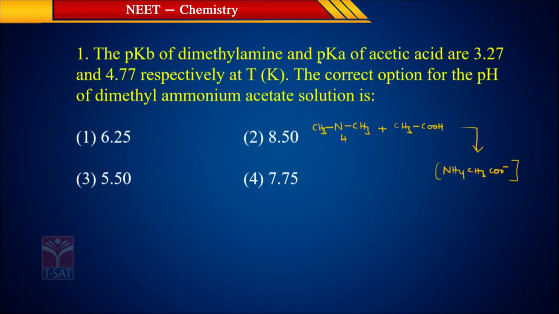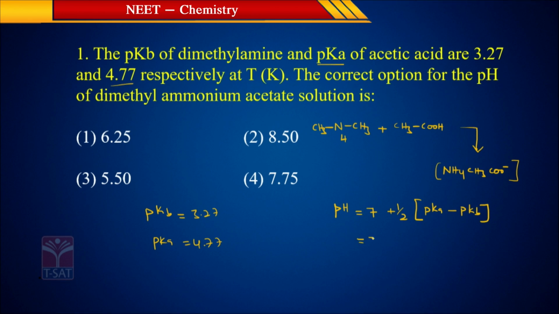When pKa and pKb are given, the formula to calculate pH is equal to 7 plus half into pKa minus pKb. pKb is given first, 3.27, right? And pKa is 4.77.